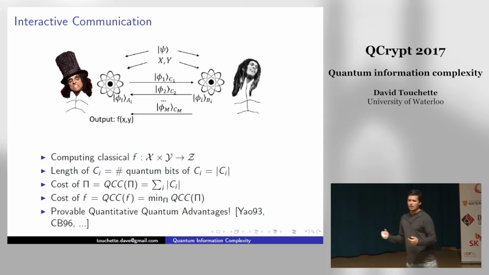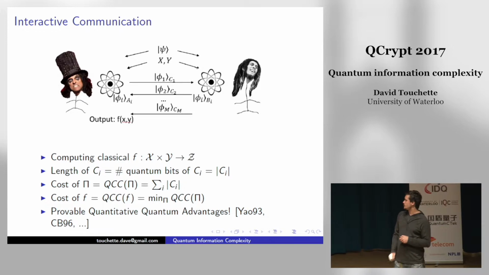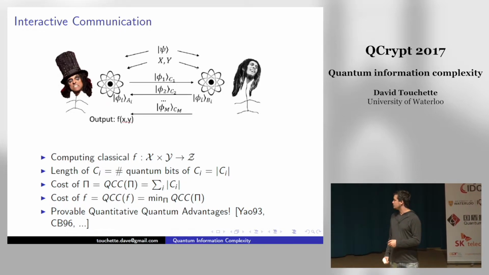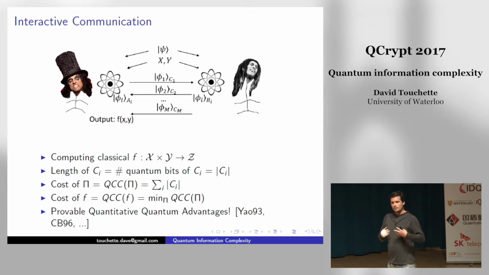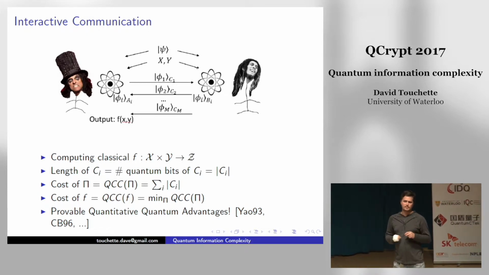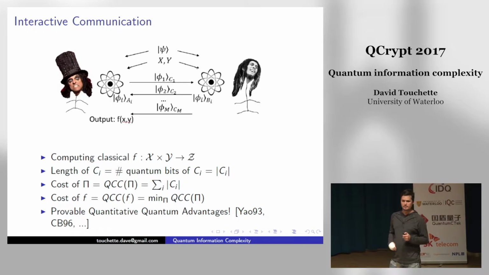So this model of interactive quantum communication was defined by Yao in '93, and in '96, Cleve and Buhrman showed that, very excitingly, you can obtain provable quantitative quantum advantages in this model.